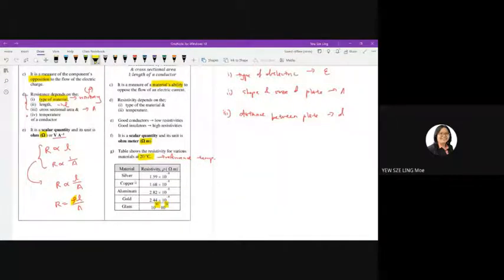Whereas you look at all the other metals, their power is all -8. Okay, they are all -8. So all these four, the first four, they are conductors. And then the last one is the insulator. The glass is insulator because it opposes the flow of current. Okay, it has such a large resistivity.